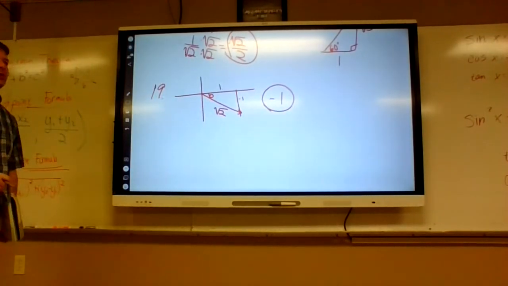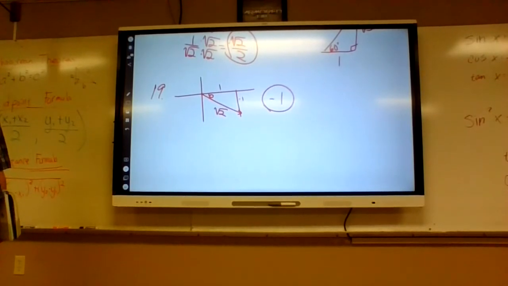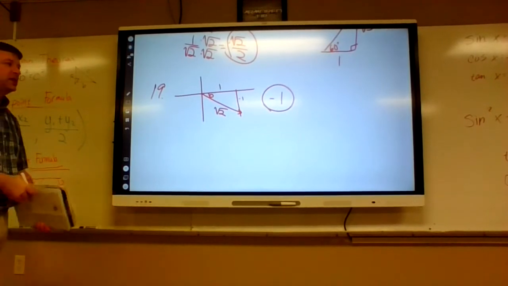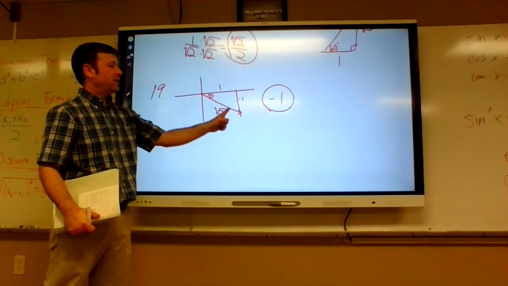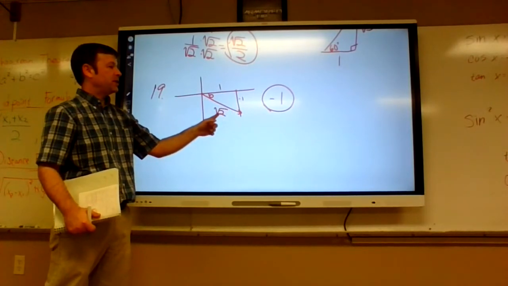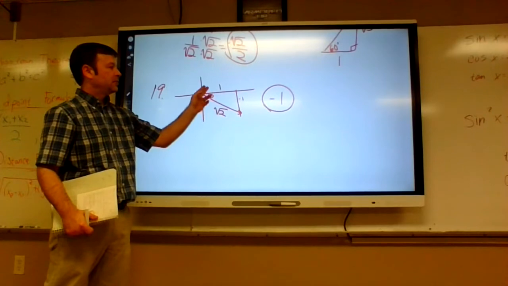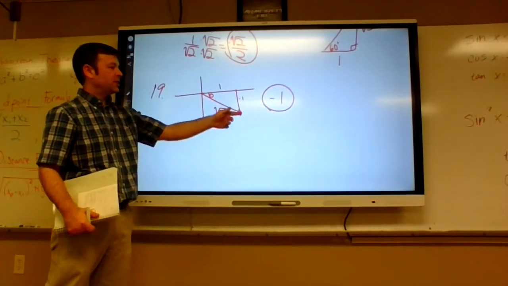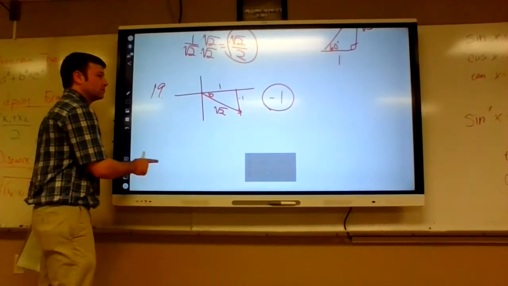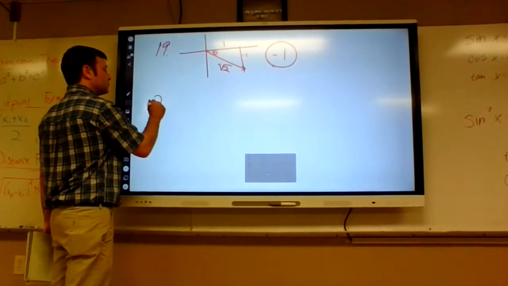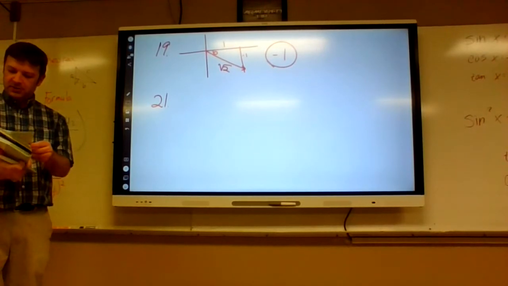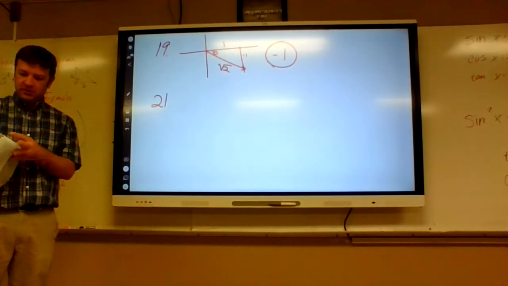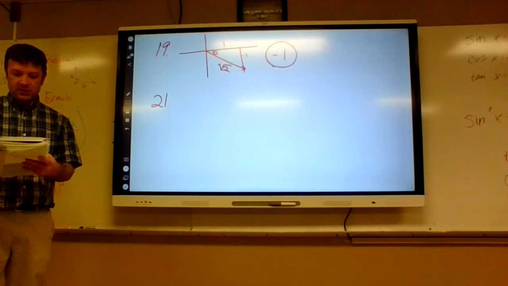I didn't talk about the quadrants that tangent was negative in, did I? We'll just think of these numbers as positive 1, negative 1. I always think of the hypotenuse here as a positive number, but the x and y's can be positive or negative. I wonder if the book did that.